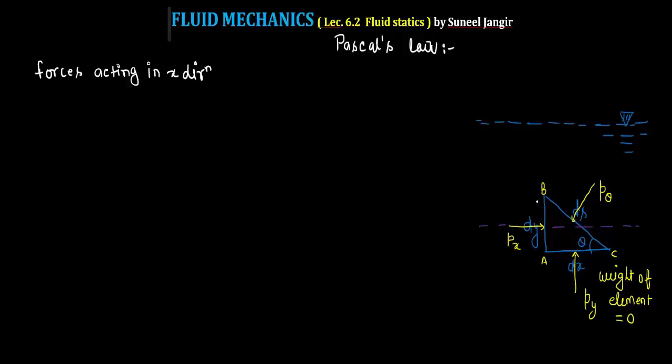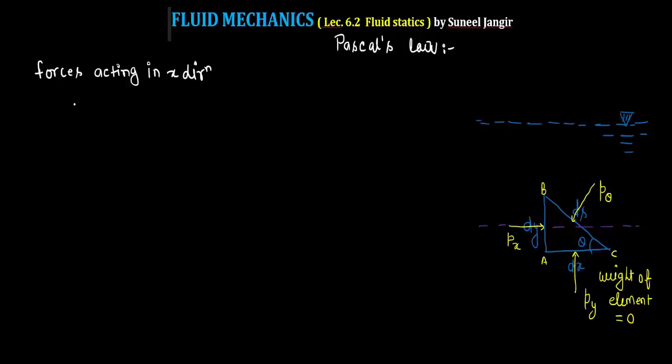Px is the pressure intensity, not the force, and pressure is a scalar quantity, so we can't resolve the pressure. The force acting on this face AB is the pressure times the area. Here the area of face AB is dy into unity, because the width of this face is unity. So the force Px into dy into 1 is acting in the positive x direction.